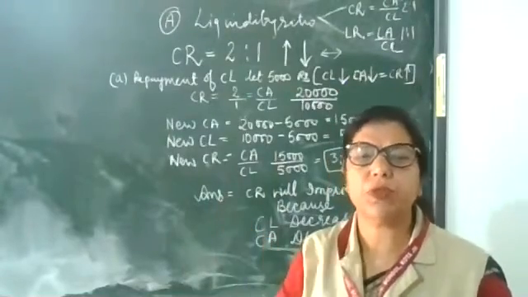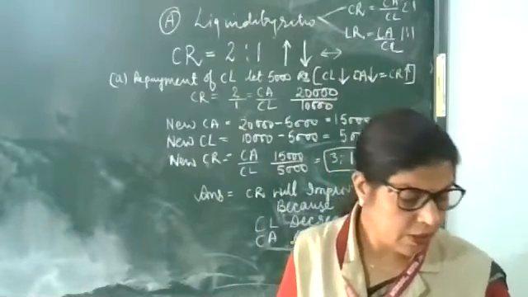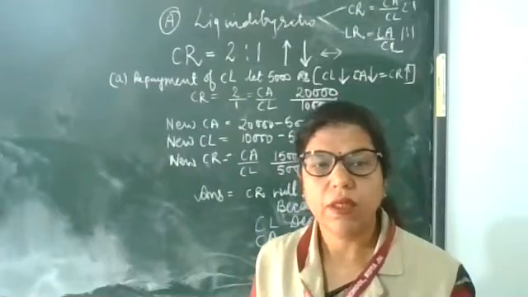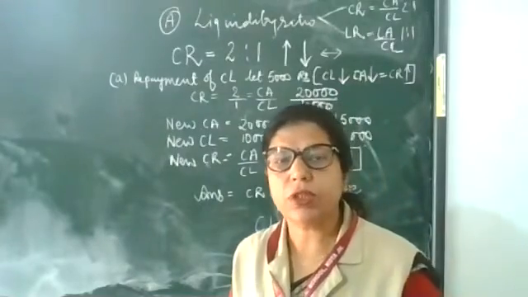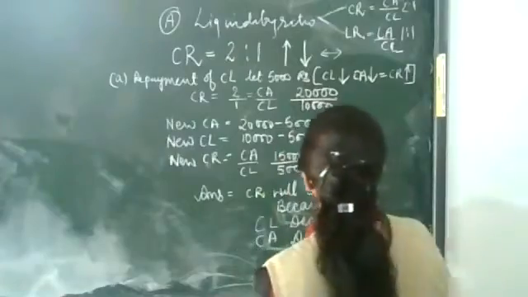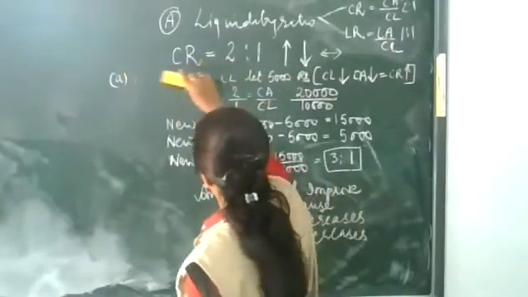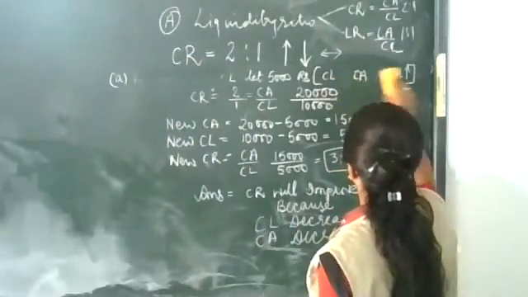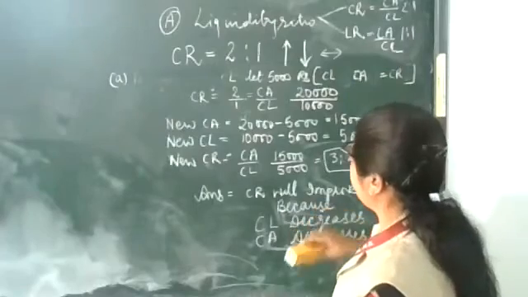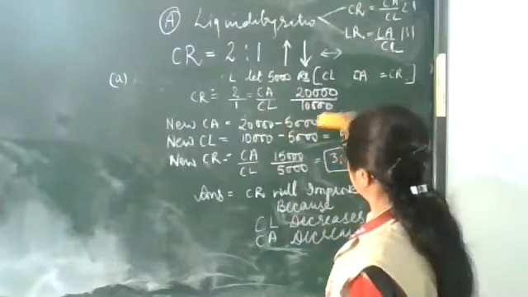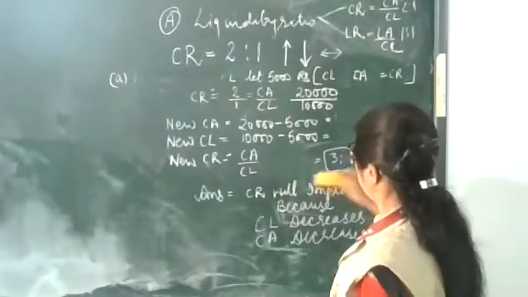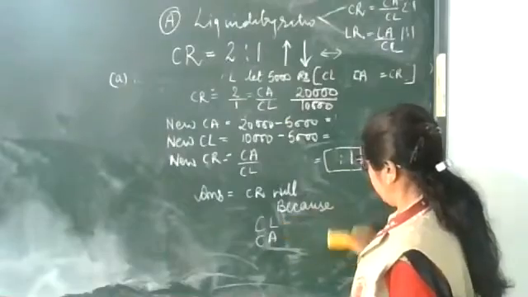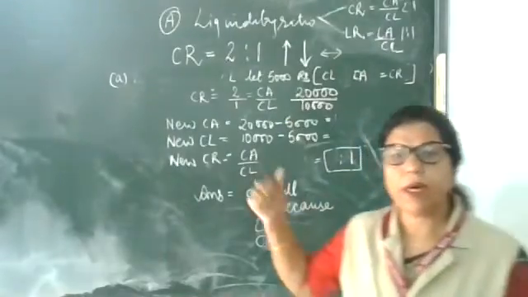Now we are moving towards the second part. The second part is purchase of goods on credit. Now see my method.